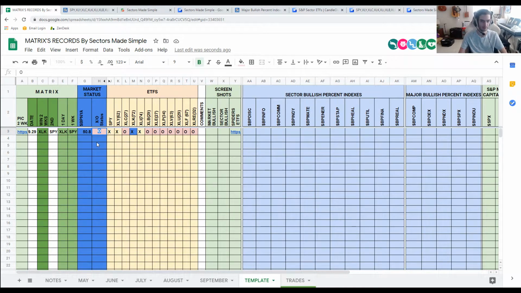And we see that we only have 4 of our 12 markets that are currently in a column of X's. But one of those columns is our 2-week leader, technology. Does anybody have any questions up to this point?